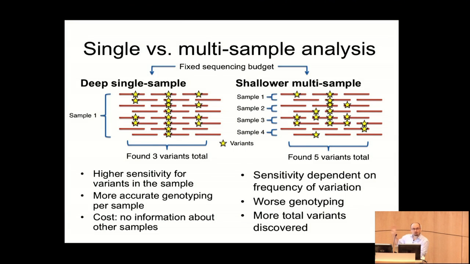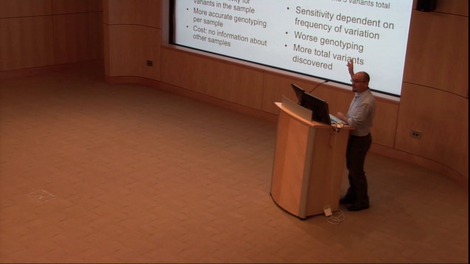So I'm trading off breadth of discovery for genotyping accuracy per sample. And depending on your goals, you may or may not want to be further on the left or the right. 1,000 Genomes is very far on the right. We do 4x sequencing of 1,000 people. Cancer genomes are typically very far on the left. I want 40x coverage of a single individual because I want to absolutely find all the heterozygotes, and I want to know that it's heterozygous, not homozygous at the site.